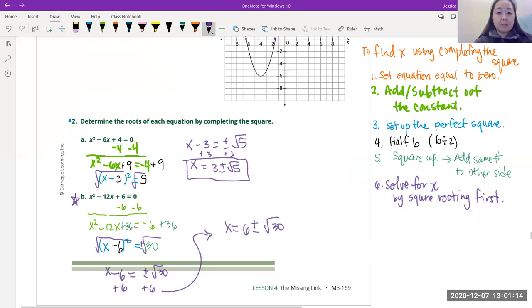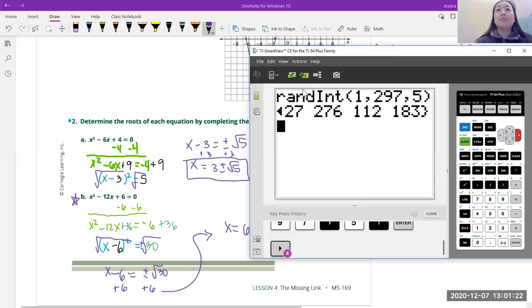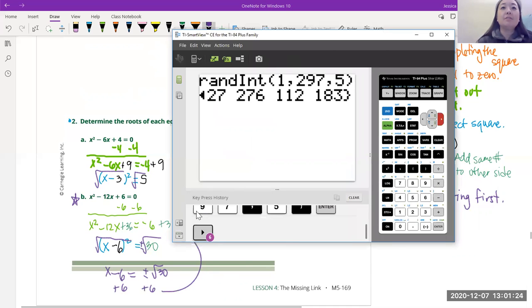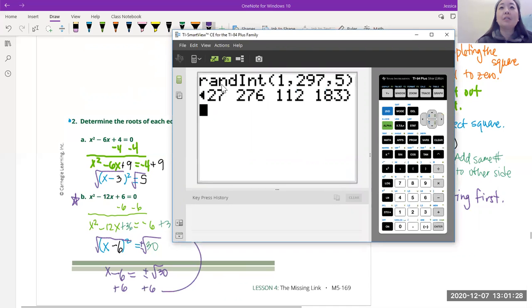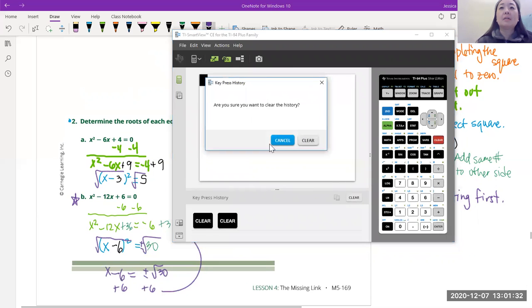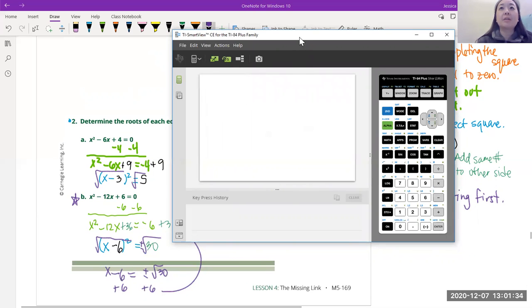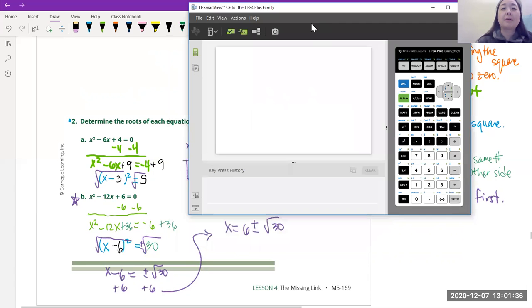Let's see if I could find decimals. No, but I do have this calculator that I can use. All right, so I'm going to clear. If you have one of these guys, that's totally fine. Okay, so what you're going to do is, let's put it right here.